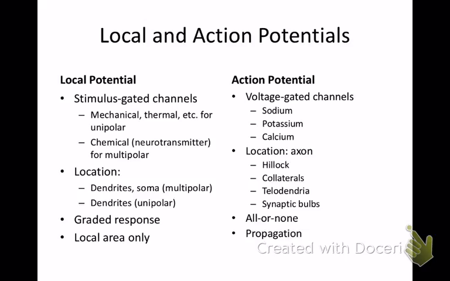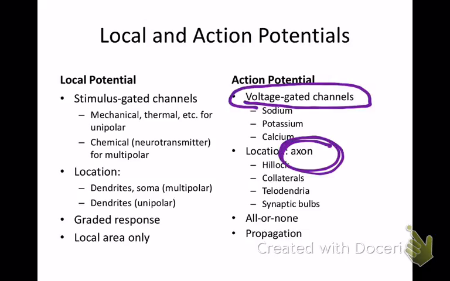Secondly, where do I find voltage gates? Voltage gates are found only on the part of the neuron that is transmitting the nerve impulse. We're going to stop in just a second and draw a picture because y'all haven't learned these parts yet. And then we're going to come back to this slide again and get the rest of these situations.